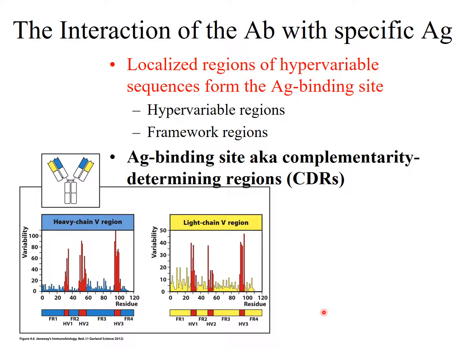This increased variability, as I said, increases the different three-dimensional structures that may be produced by a B cell within this variable region, at this face of the variable region.